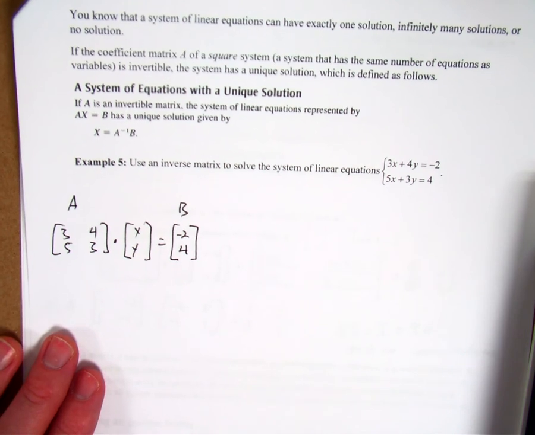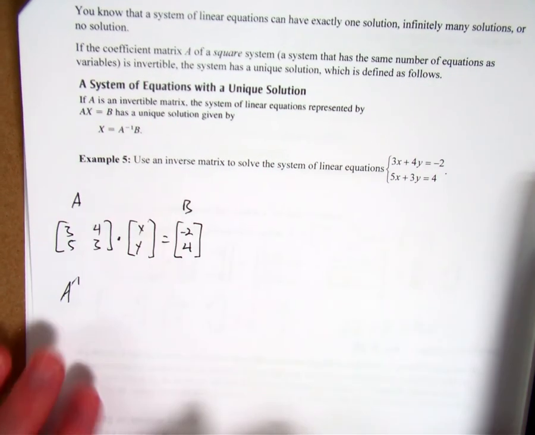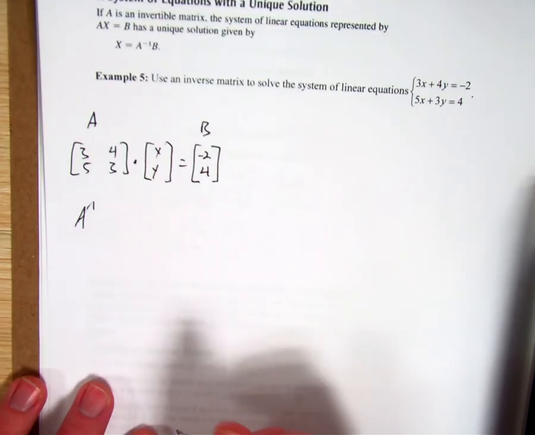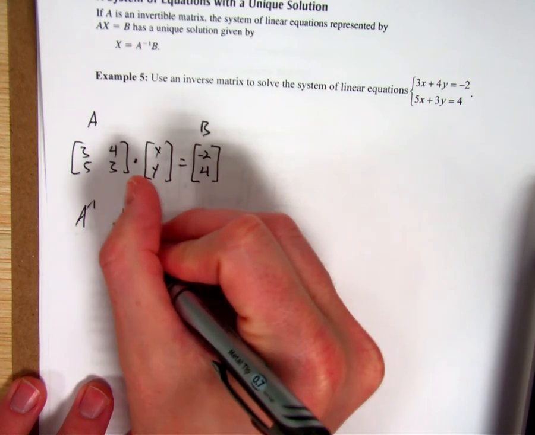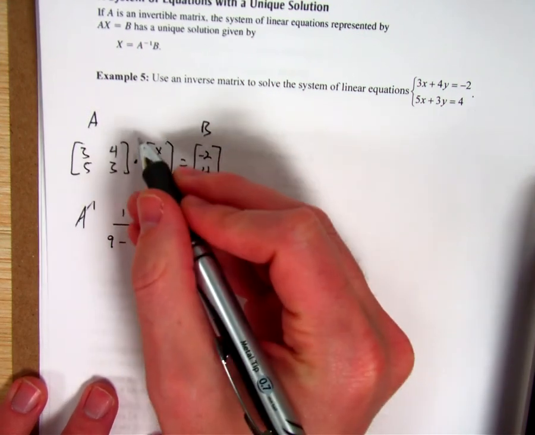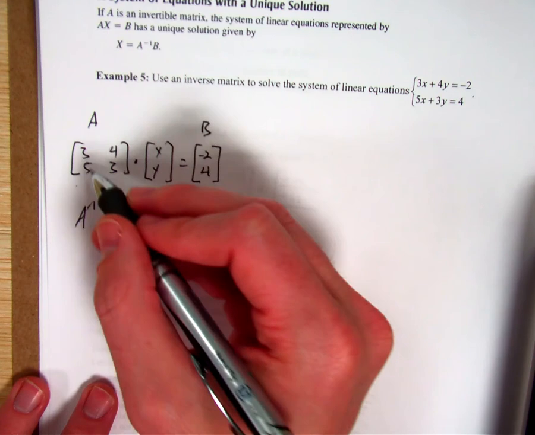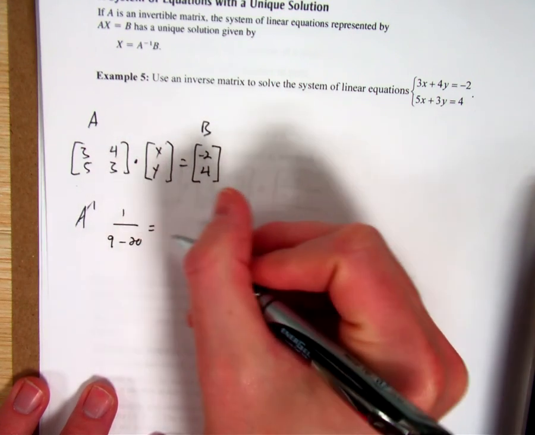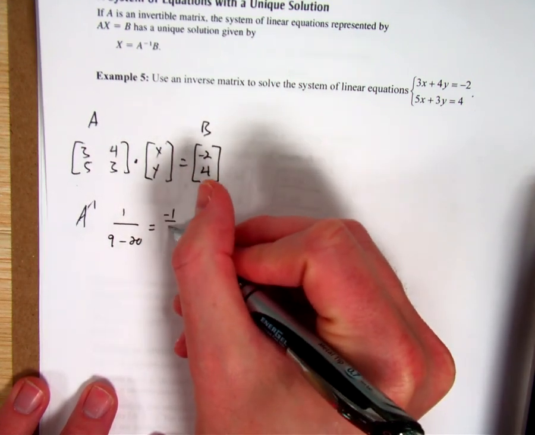Alright, so we need to find our A inverse. So A inverse, we have 1 over, multiply the diagonals, 3 times 3 is 9, minus 4 times 5 is 20. We're going to have negative 1/11.